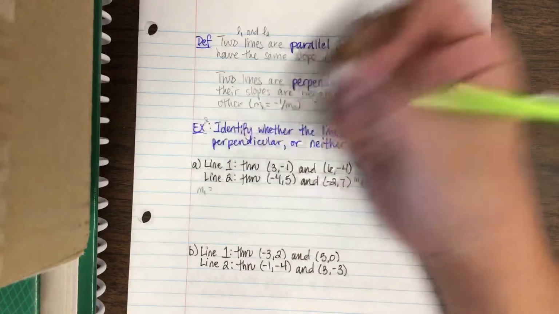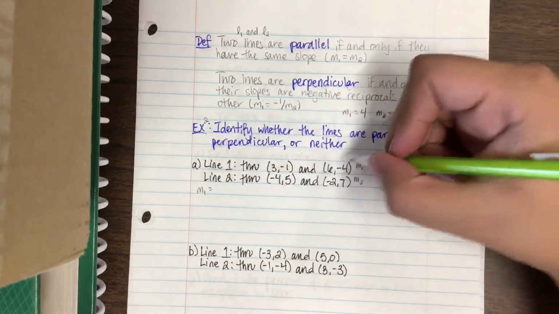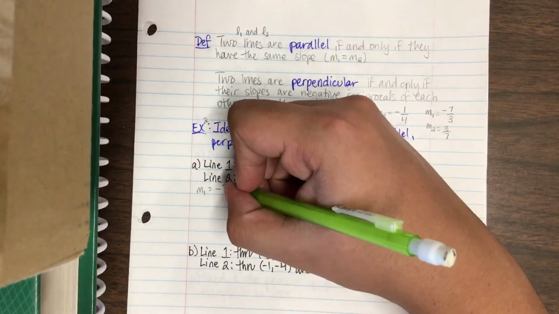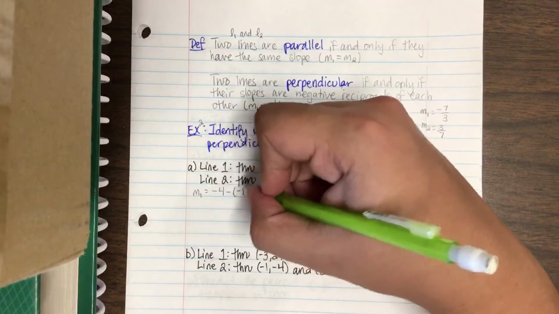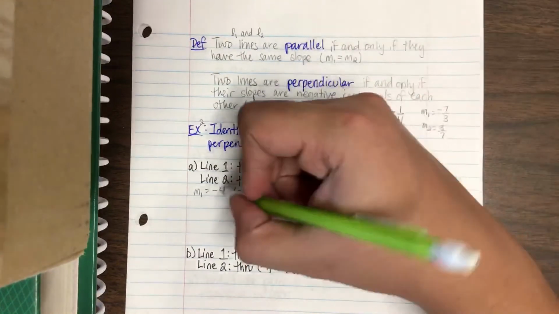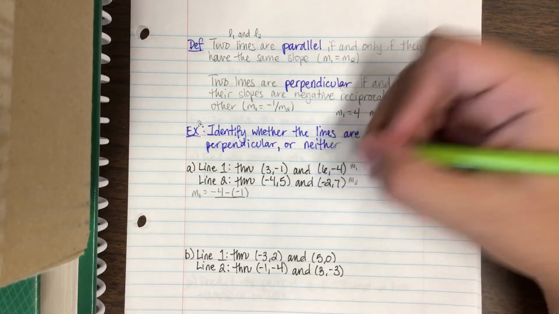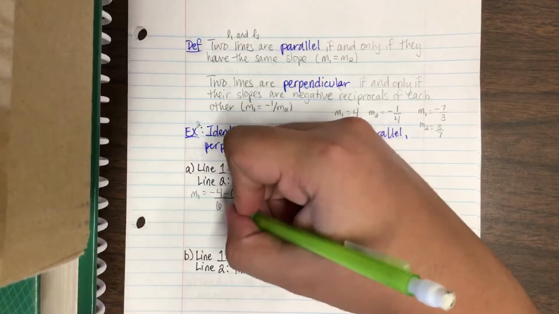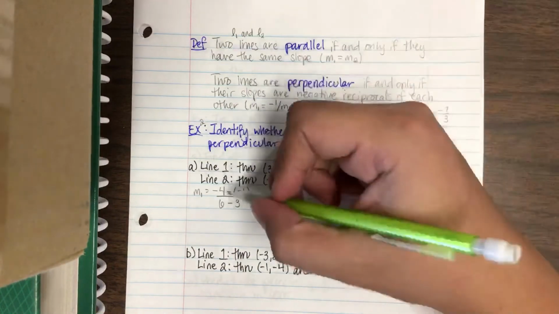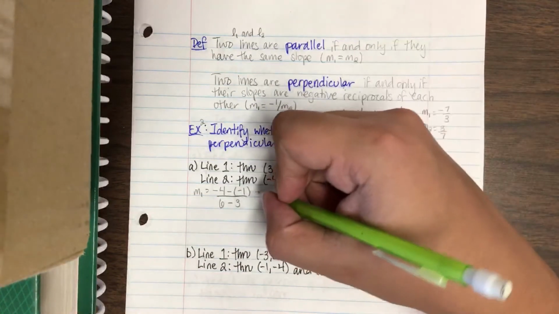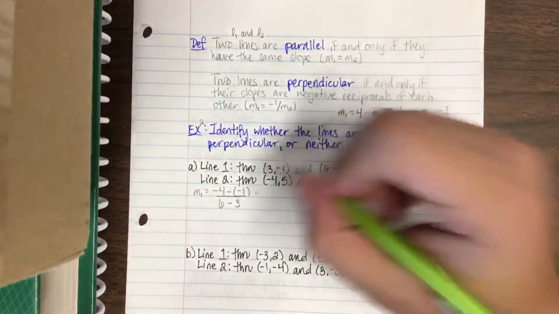m1 equals y2 minus y1 over x2 minus x1, negative 4 minus negative 1, divided by 6 minus 3. Okay, so negative 4 minus negative 1. Let's rewrite that first just to make sure we're on the same page of what that actually means.